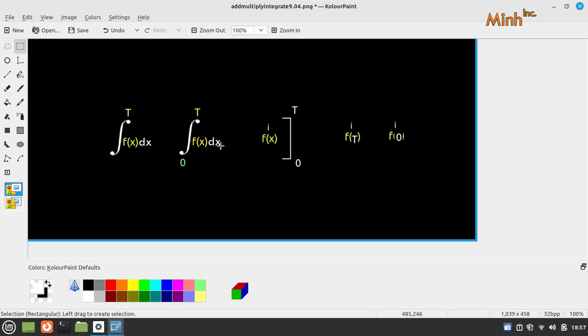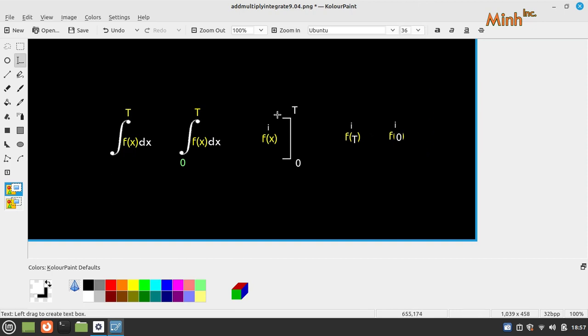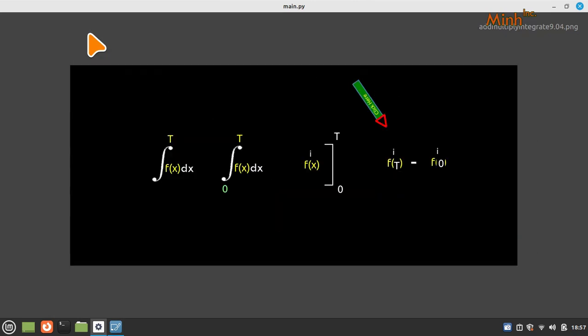So F(t) minus F(0). Okay, so finally it would lead to F integrated t minus F integrated 0. Okay, so this is what we have seen.